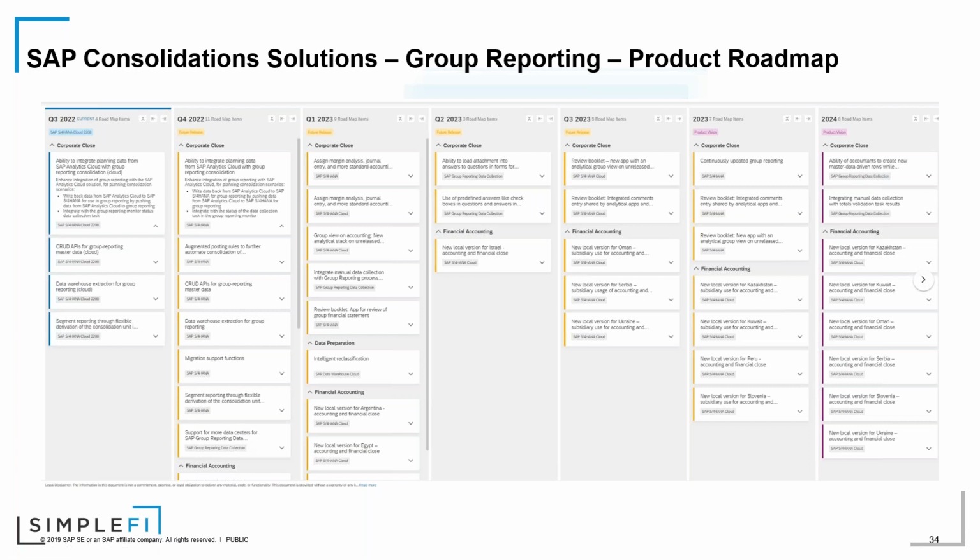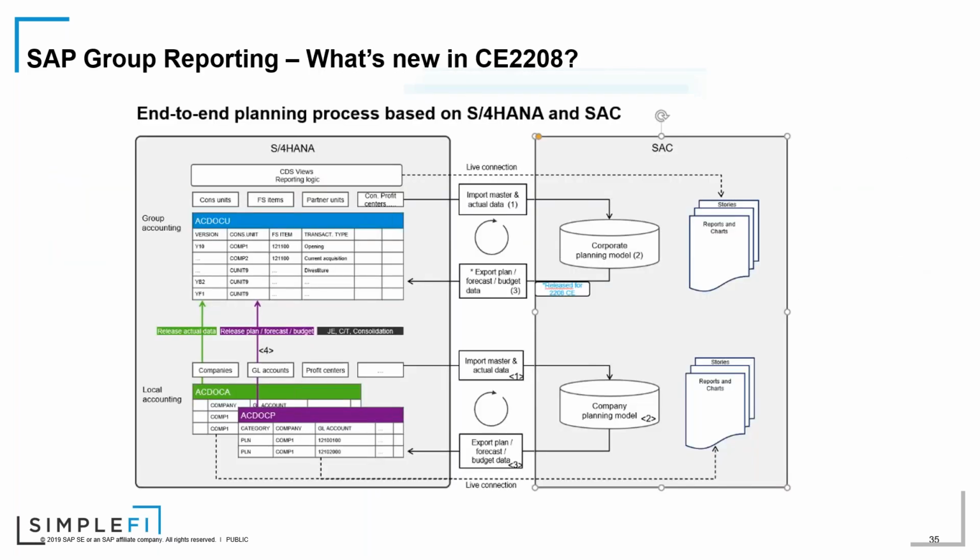And if you're familiar with these roadmaps, we can also see what's planned for the future. SAP has done a pretty good job of staying fairly close to these timelines, so it's good to see these capabilities coming down the road.